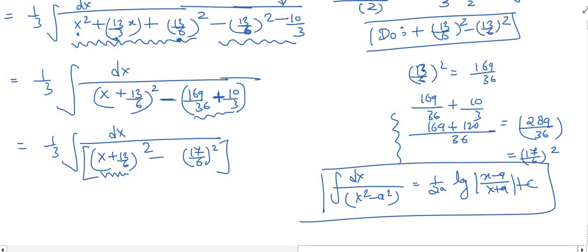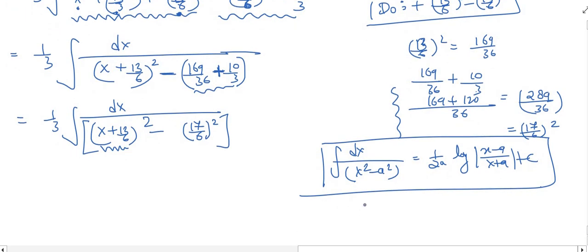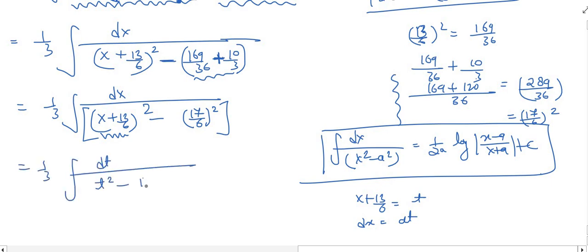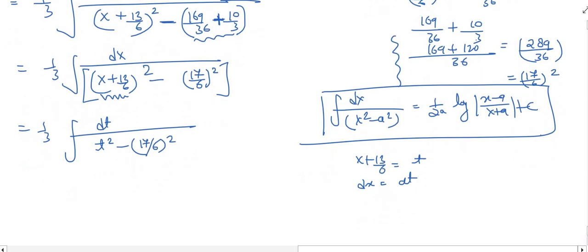Let me show you the steps. X plus 13 by 6 is t, so can I write dx is dt? We can do that. So my question will become dt by t square minus (17 by 6) square. Alright, ready to use this formula?